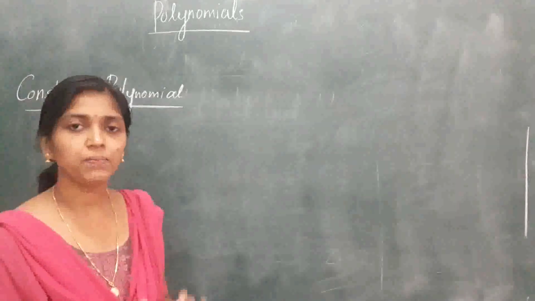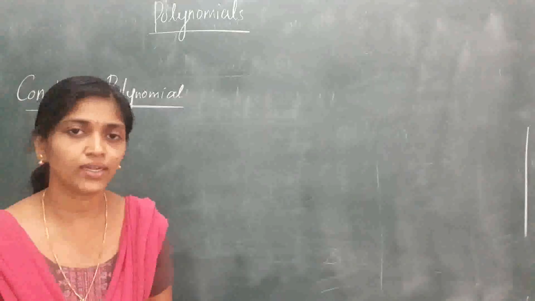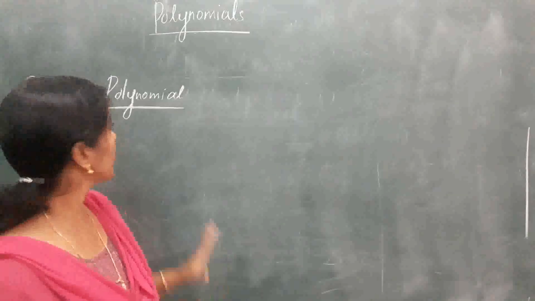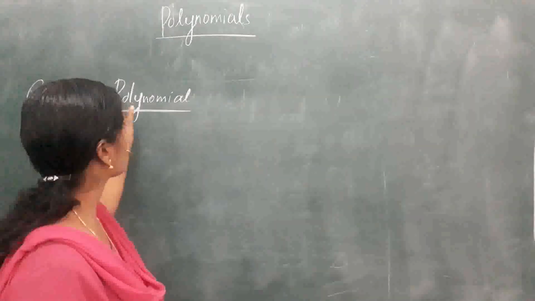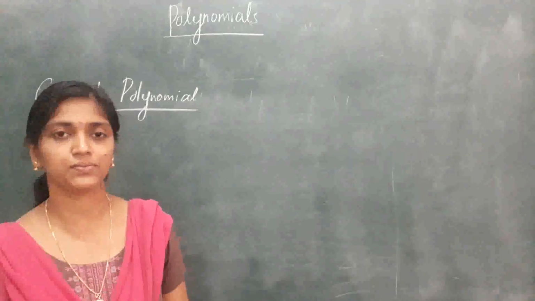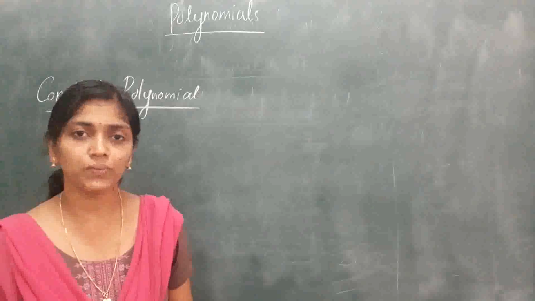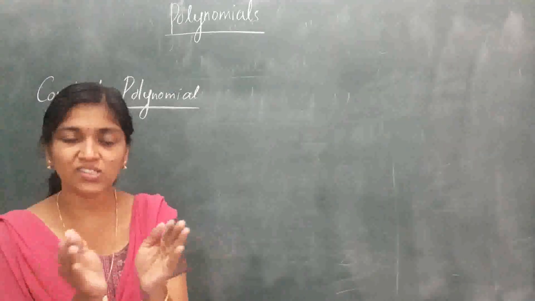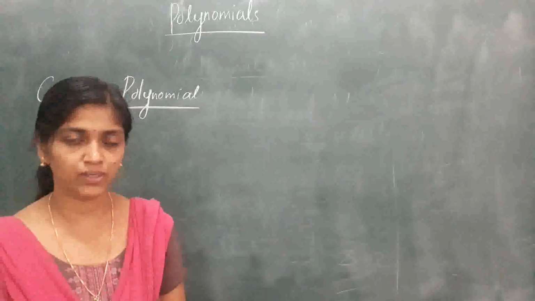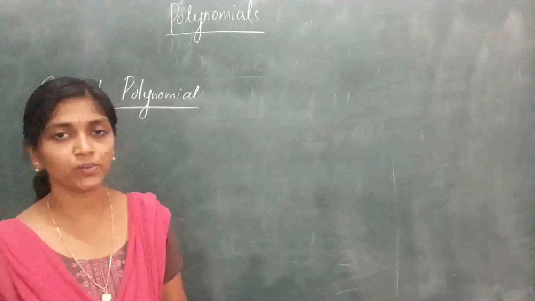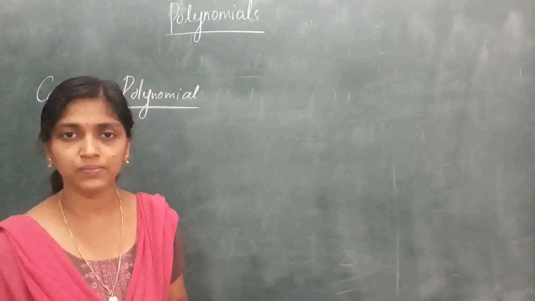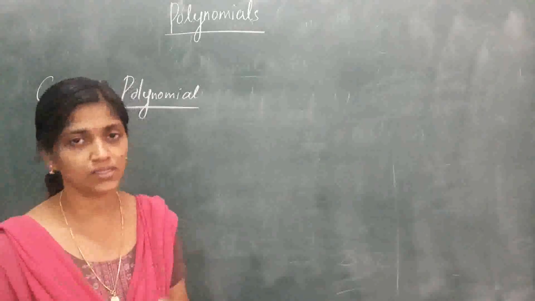So we know that a polynomial contains variables and constants. Now we are going to study the constant polynomial. So what is a constant polynomial? We have seen variables and constants together form an expression which we call a polynomial. Here a constant polynomial means it contains only one term, that is the constant.